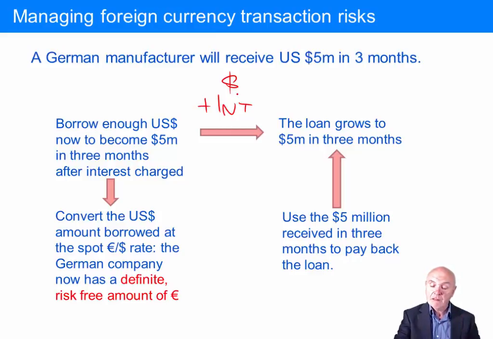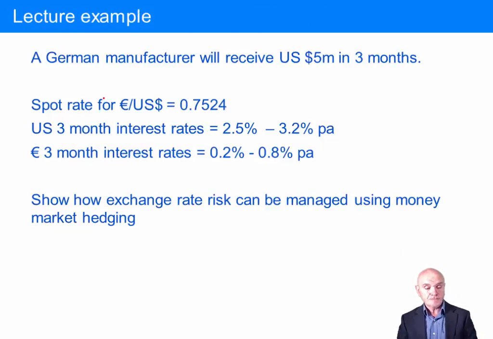So that's the way it's going to be working. So let's see some figures. So the spot rate, let's not worry about spreads anymore, we won't concentrate on that, but the spot rate we want here to be changing dollars into euros is 0.7524, that's today's rate. And then you're given not forward rates, but you're given interest rates.